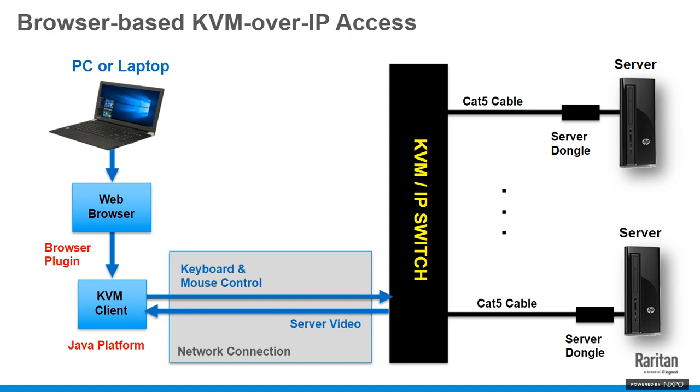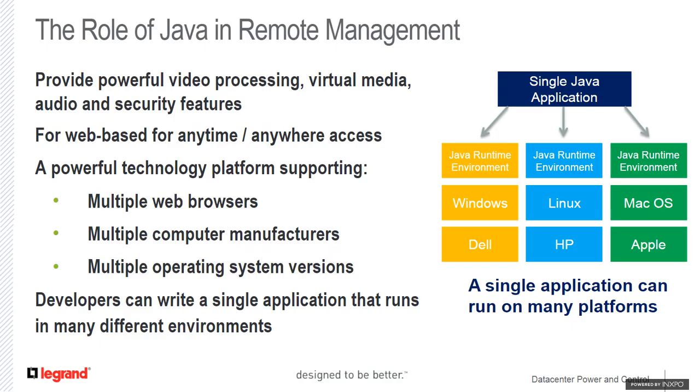A browser plugin is used to launch that client, and that client will often use the Java platform. The Java platform gives the resources and the ability to handle server video, as well as keyboard and mouse control, virtual media, and other functions that the KVM over IP switch provides.